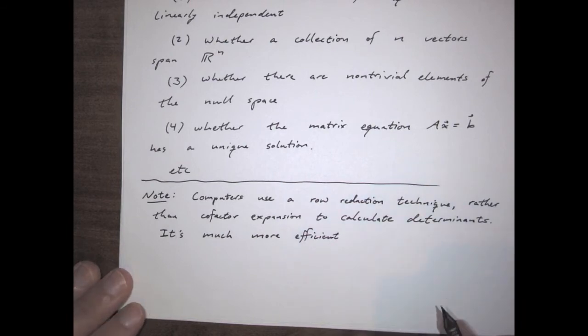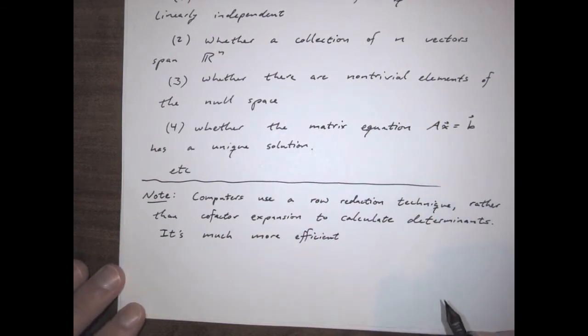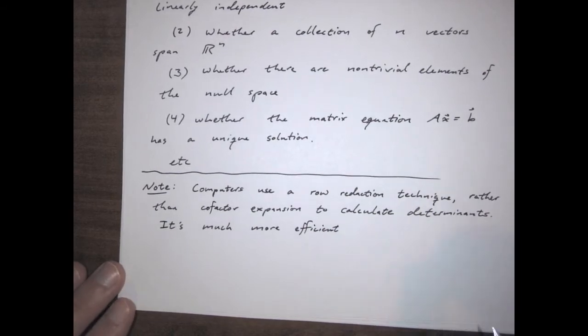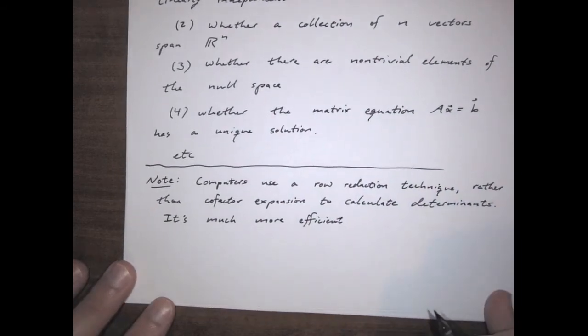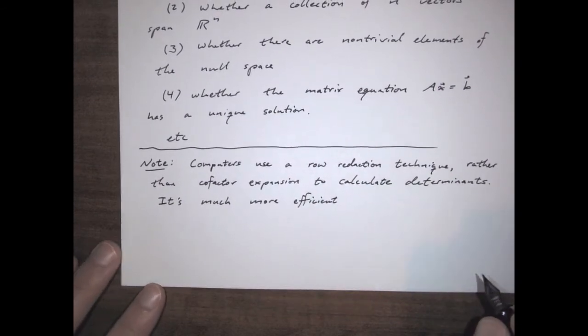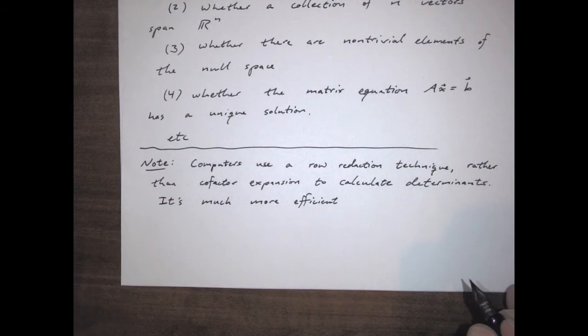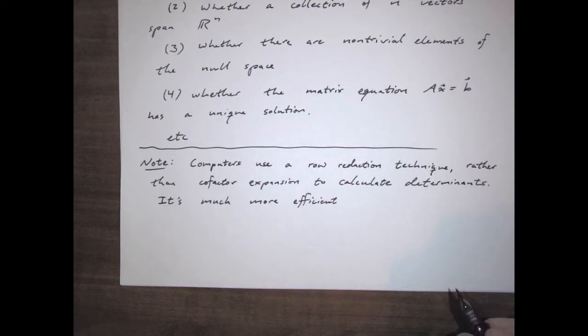So those of you who have dabbled in the dark arts of computer science may know what it means to discuss the order of an algorithm. In particular, the computational complexity of row reduction is on the order of n cubed over 3, which is polynomial time, versus cofactor expansion, which is on the order of n factorial. So for example, a 25 by 25 matrix would be way beyond the capacity of a human being to do, unless it was upper triangular or something like that. But a computer can do it in a fraction of a second, because it does it with row reduction.